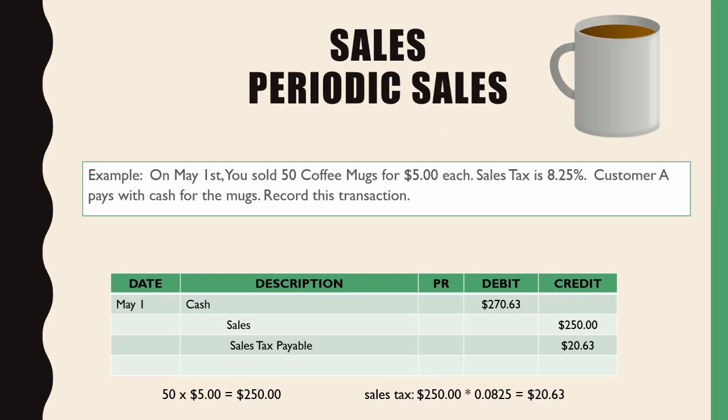Of course, if someone gives us, say, $280, we're not calculating the change, because we're giving it back to the customer. We're only recording what the actual transaction was and how much money we're supposed to receive. So $270.63 is what we are receiving from customer A.